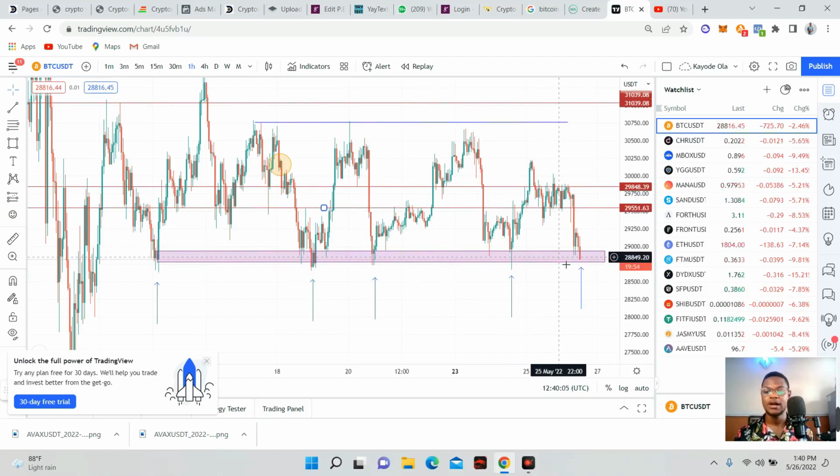So as a trader, you buy this particular zone and put your stop loss below it. That is the perfect way to do short-term trading as a day trader. So you short the retracement and long the support. It's as simple as that. But of course, like I said, you must know how to analyze the market.